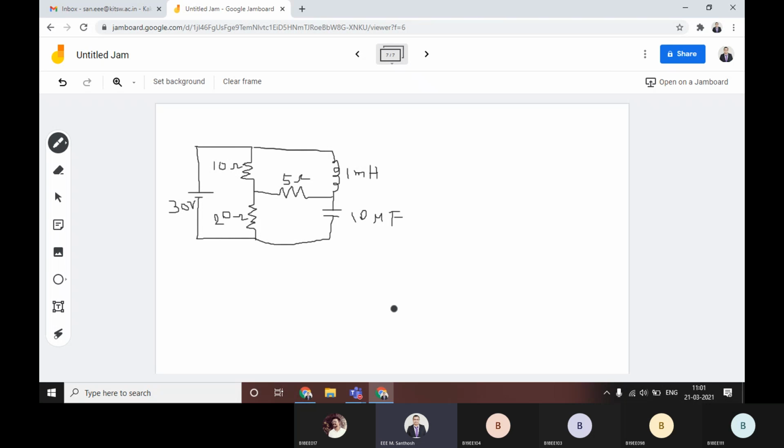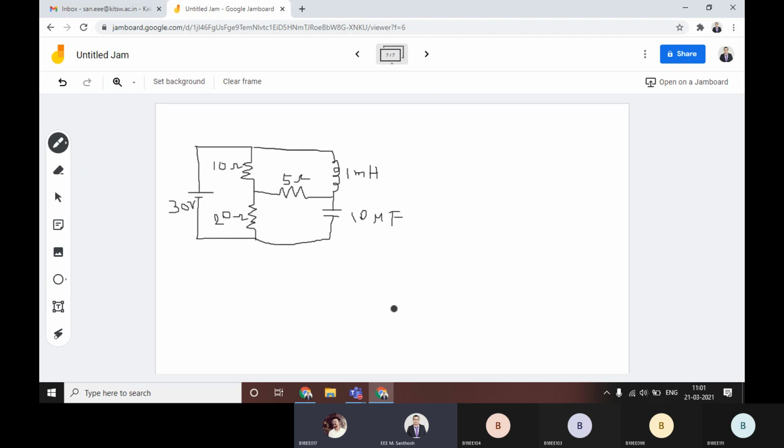Anyone solved? Sir, 3.67 watts. Very good, exactly. Can you tell us how you solved?